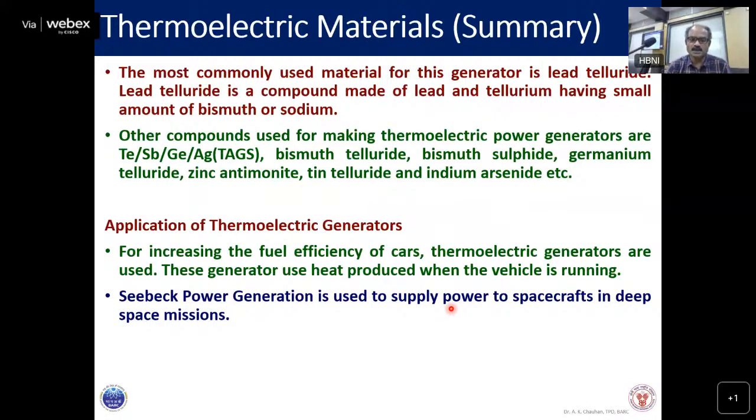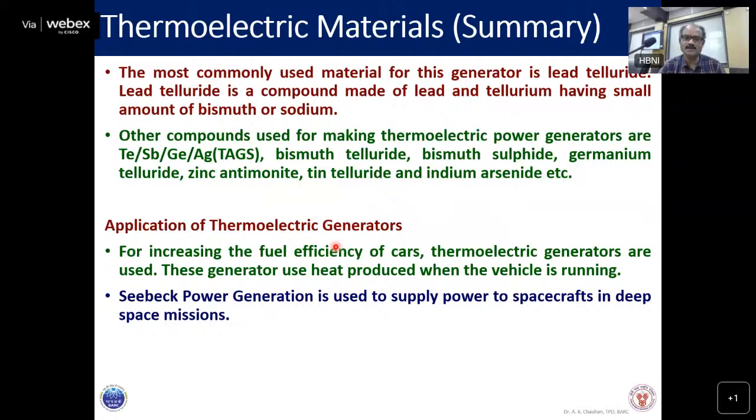Then the most useful application is in deep space missions, where there is no light from the sun. In space within our solar system, you can use solar cells to generate power.